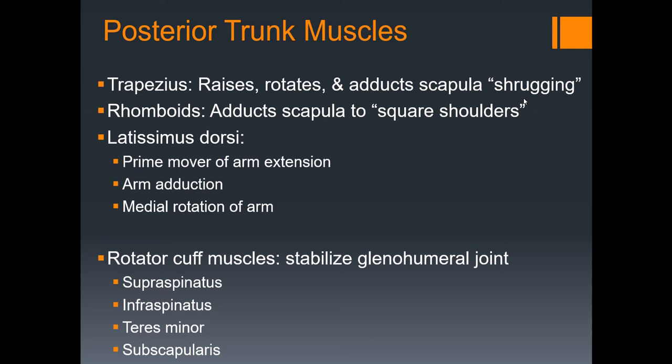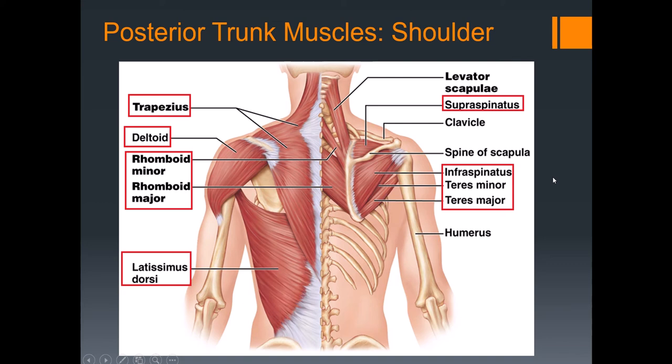And then we also posteriorly have the rotator cuff muscles, and they do a whole bunch of things in terms of moving the arm, but one of their main jobs is to be the main stabilizing force for your shoulder joint. There are 4 of them: supraspinatus, infraspinatus, teres minor, and subscapularis. So you can see here's the trapezius.